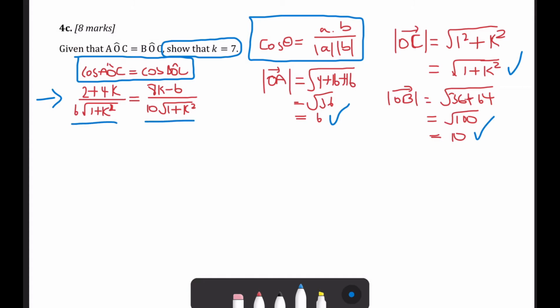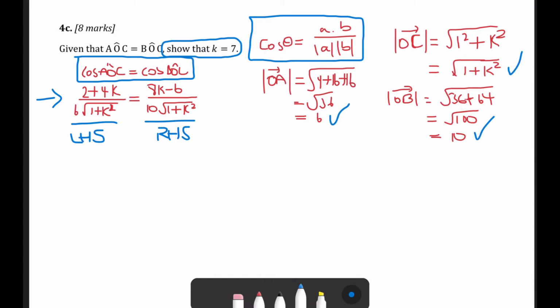Then on the right hand side, the scalar product of the numerator is 8k minus 6, so that was OB dot OC. And on the bottom I've got 10, because that's the magnitude of OB multiplied by the magnitude of OC. So that would have got you about 4 points to this stage.